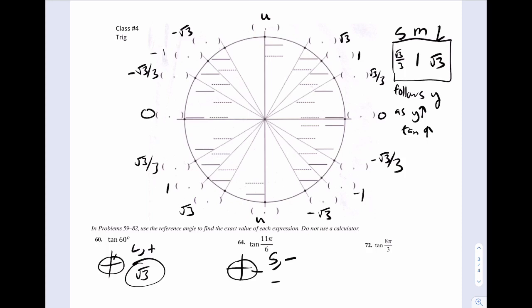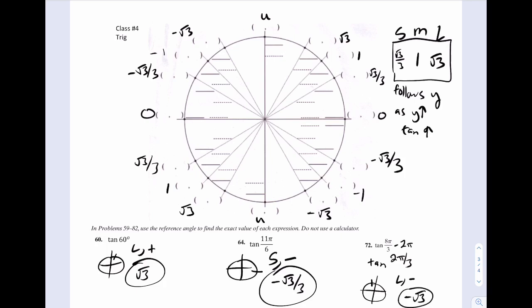So small negative would be negative root 3 over 3. 8 pi over 3, a little tricky. Let's subtract 2 pi. So that becomes tan of 2 pi over 3. 2 pi over 3 is right there. So that's large negative. Answer is negative root 3. And that's how you can do the tan values.